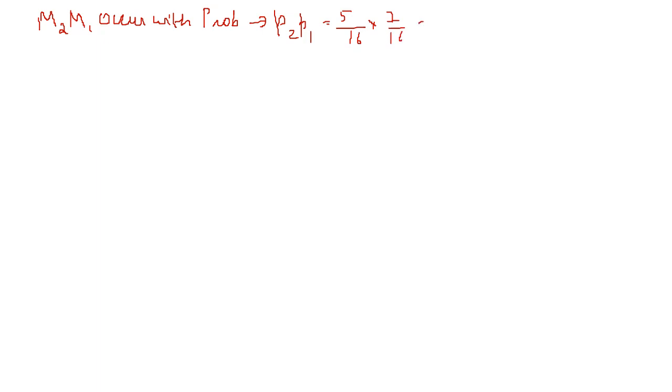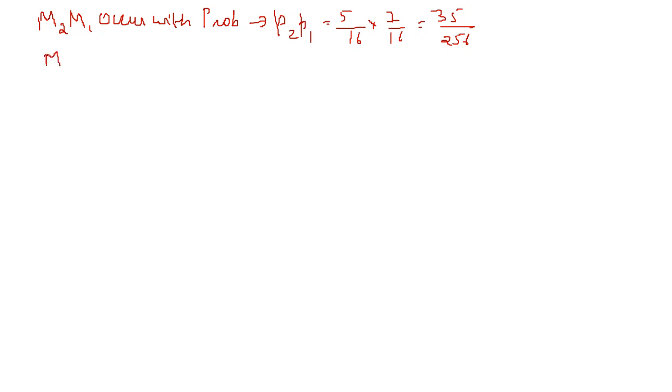The next symbol is M2 M1, which occurs with probability P2 into P1. P2 is 5/16, P1 is 7/16, so we get 35/256.